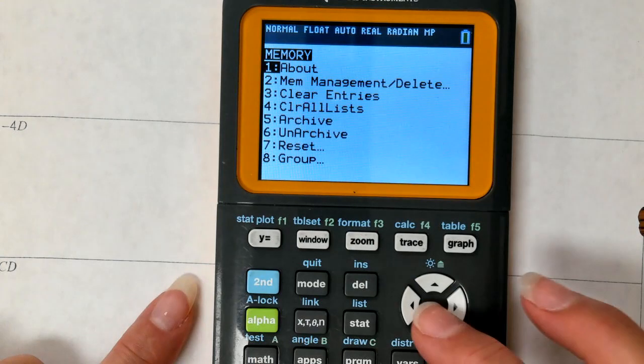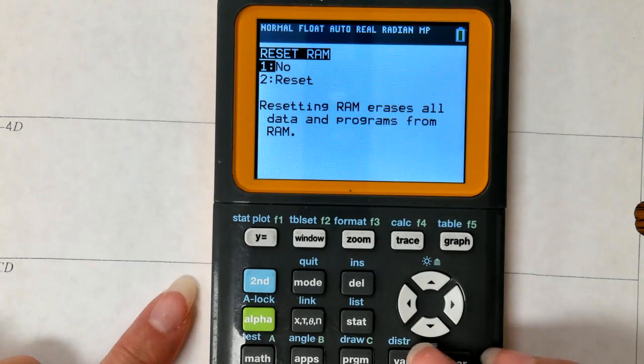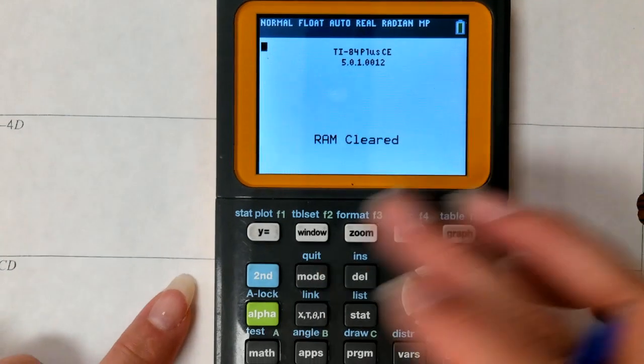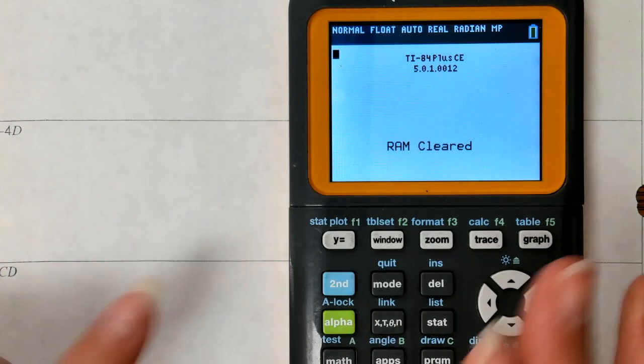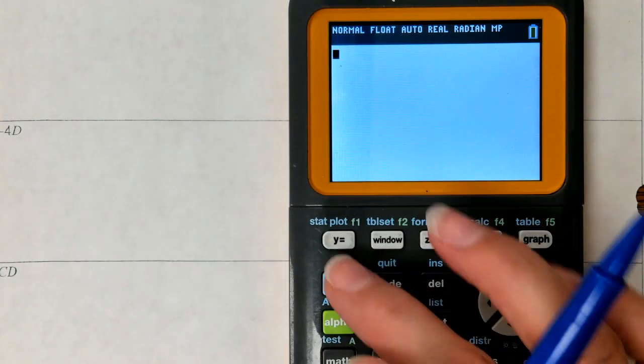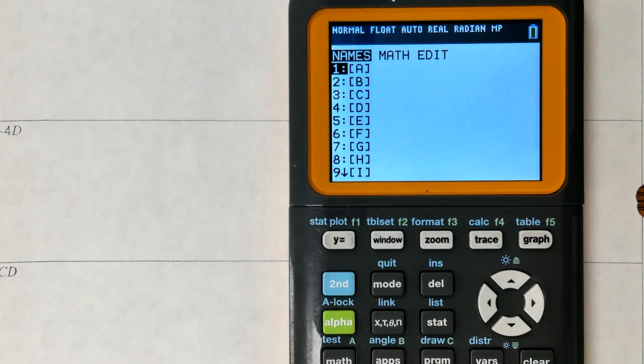I'm going to clean the calculator real quick so that you guys can see a brand new one, all being typed fresh. Okay, so here we go. Now I went to that second matrix, and mine is all fresh and clean.